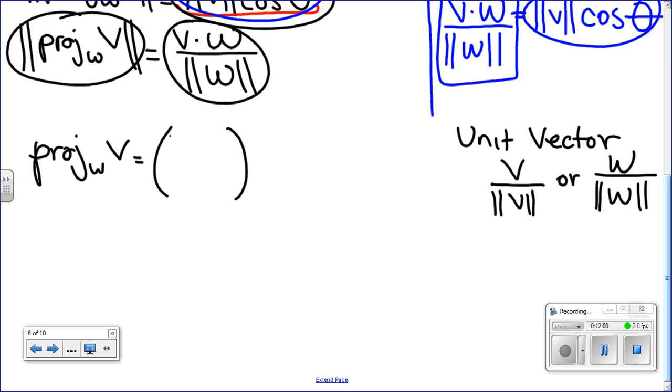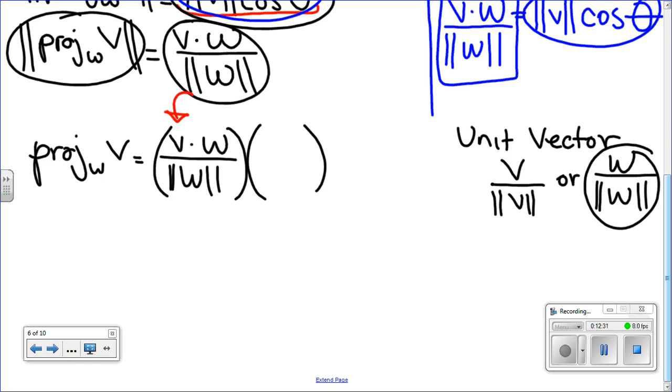The dot product that comes from V dot W divided by the magnitude of W. So that one is coming straight from here. Okay? And then we're going to multiply it by the unit vector. In this case, the one for W. And I will provide these formulas on the test, so please don't start getting worried about that. Okay.